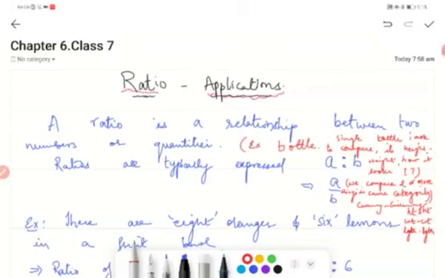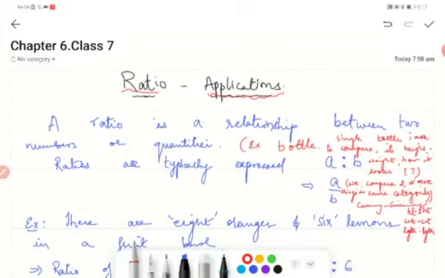For example, I have a bottle. Actually, I can't show you in the video because it's recorded, we can see that example in the live class. Anyway, ratios compare two or more objects, quantities or numbers.